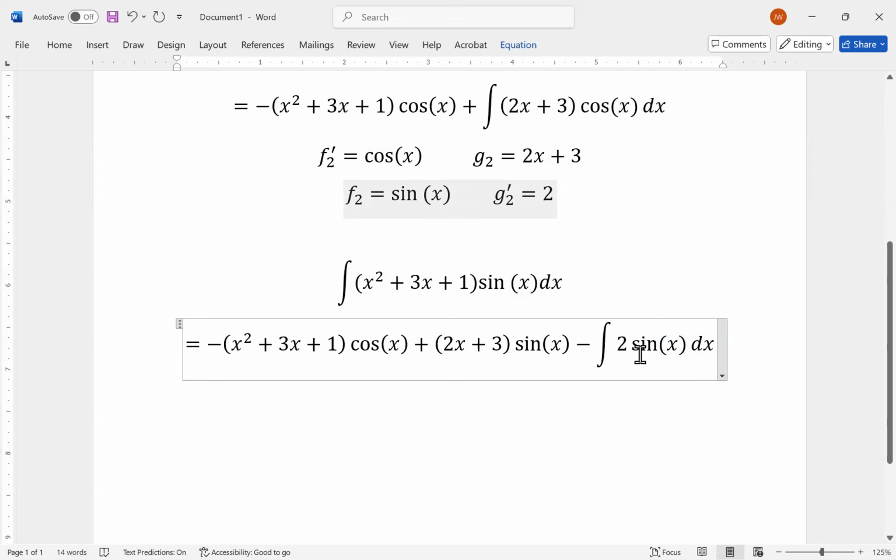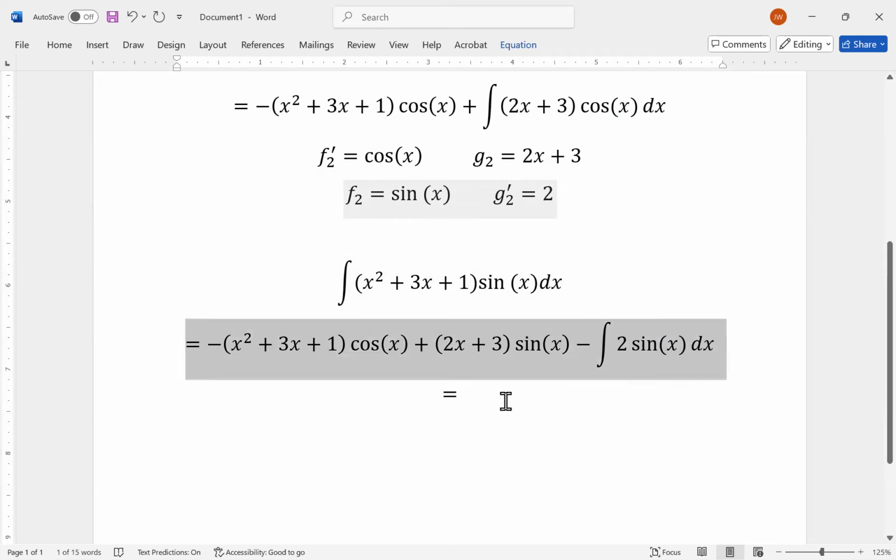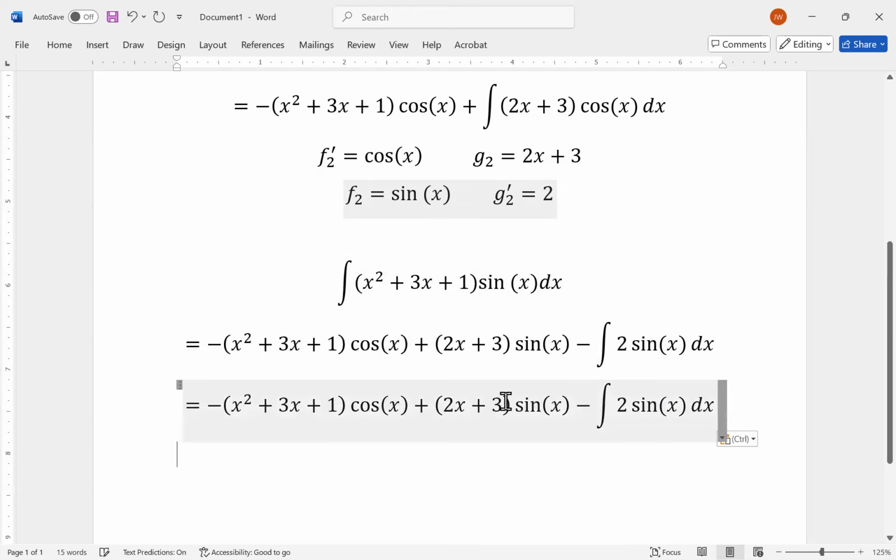Integrating sine is pretty straightforward, hopefully. And therefore, my final answer is just going to be this thing, where I've integrated the 2 times sine.